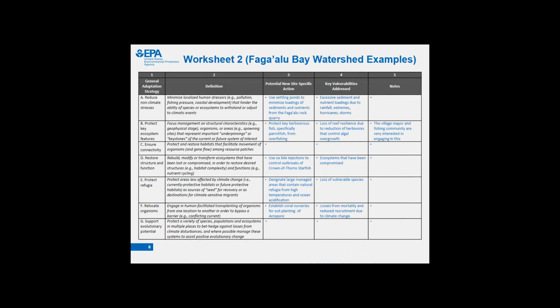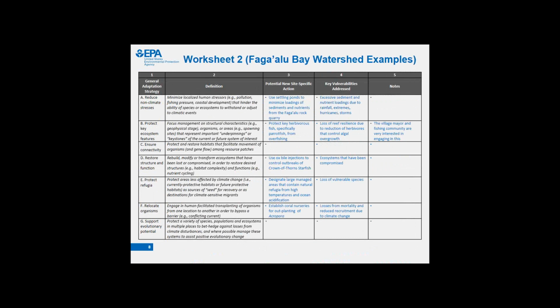Another one that I addressed is restoring structure and function. We use ox bile injections to control crown of thorns starfish. And what was really helpful about this whole exercise was the thought process that gets combed through using these activity sheets, these worksheets. We were talking about how the crown of thorns outbreak started in American Samoa.